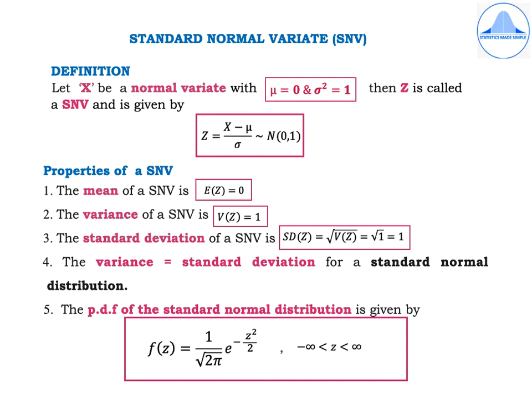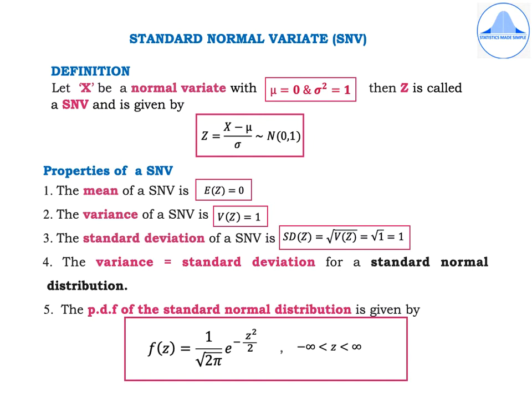Now here capital X stands for the normal variate and mu and sigma will be given to you in the problem. And what is Z? Z is called a standard normal variate. So this formula for the standard normal variate is important and I'll be using it for all the 5-mark problems.